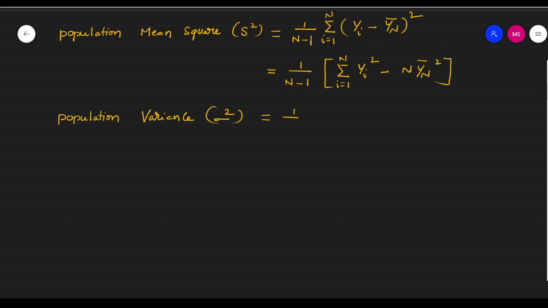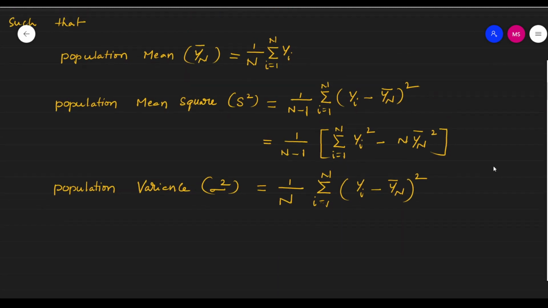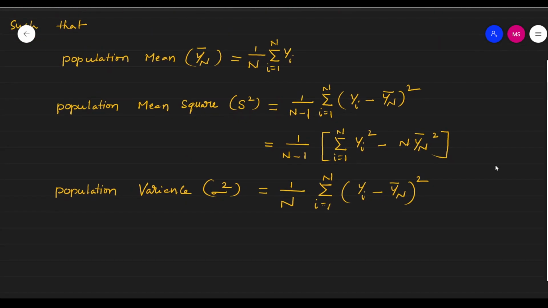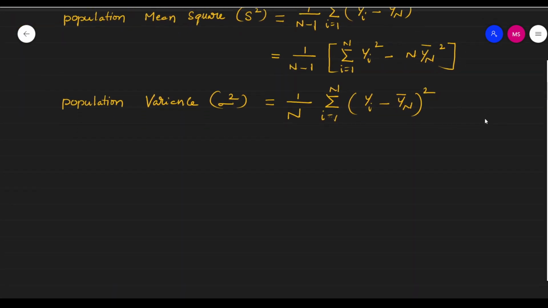So what is the formula? 1 by capital N, summation i running from 1 to N, Yi minus Y N bar whole square. These are the three formulas in the population context: population mean, population mean square and population variance. Don't forget these three formulas. This is the population information.